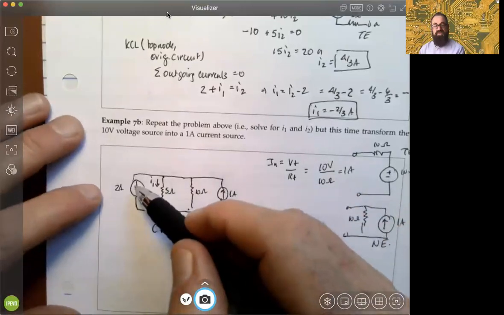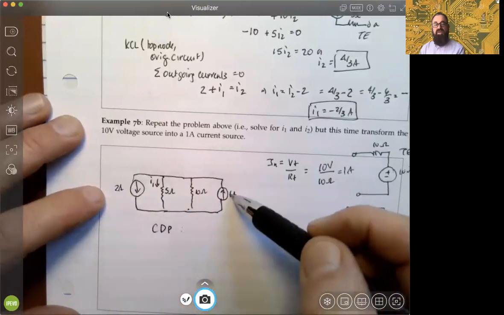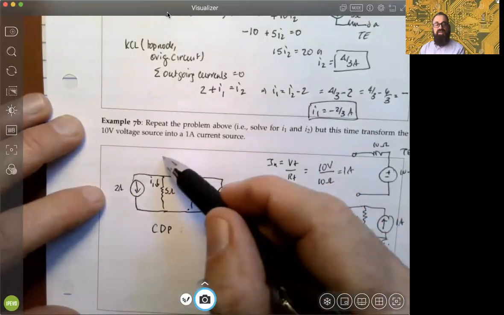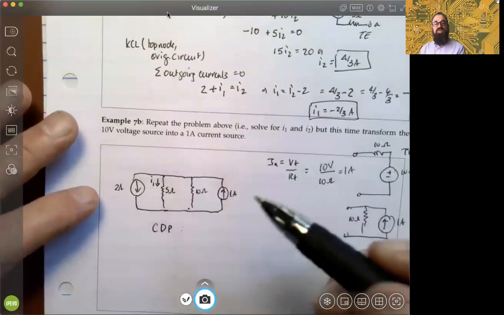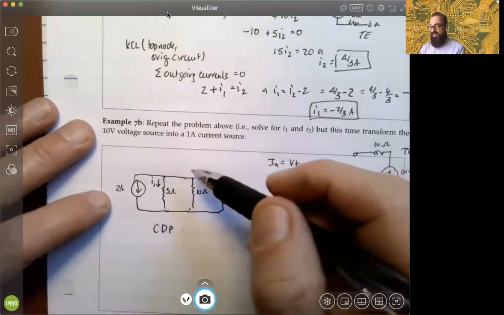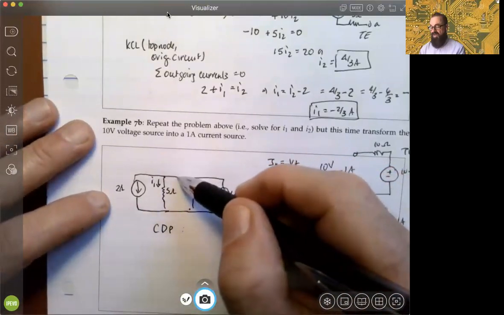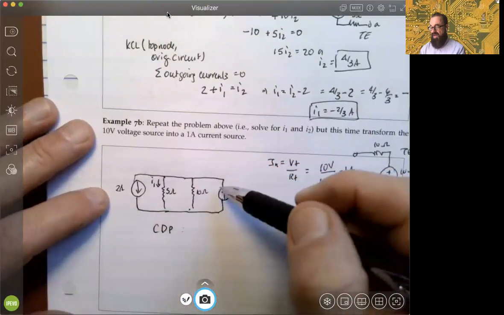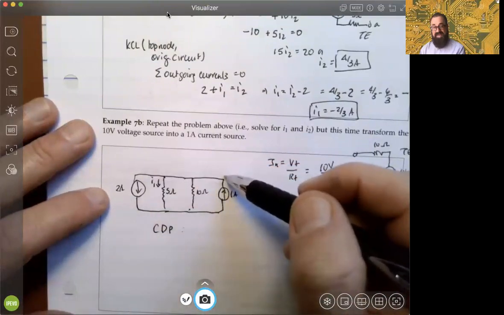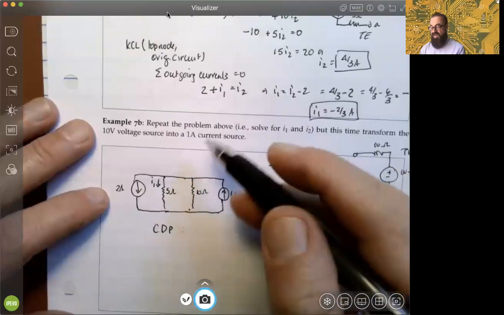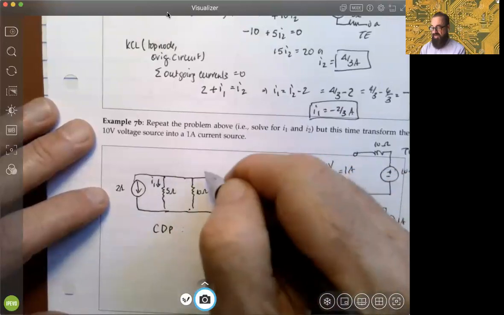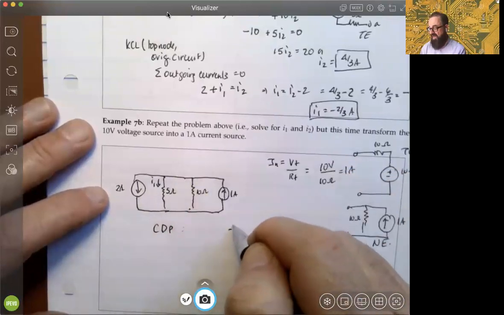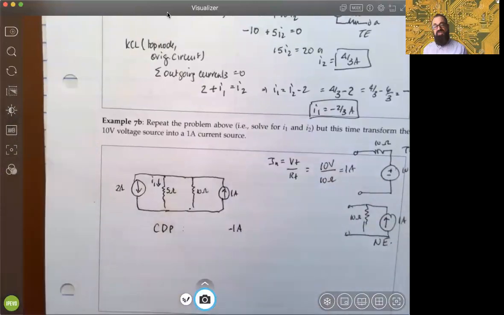You've got 2 amps coming this way, 1 amp coming this way. And so we know that from the perspective of KCL, this top node has got 1 amp coming out, and it's got 1 amp coming in. So the net change we have is negative 1 amp here, which is going to be distributed. I know this is a little bit tricky, but we have to be careful.